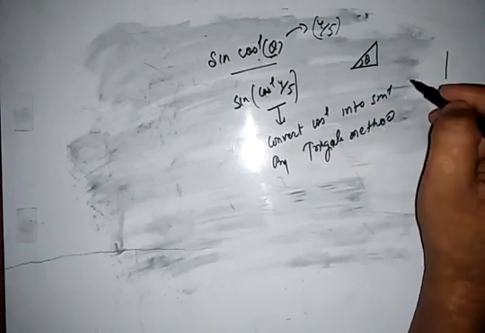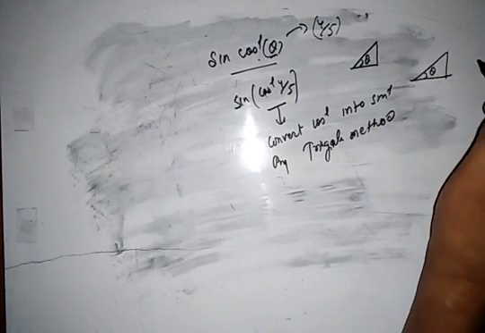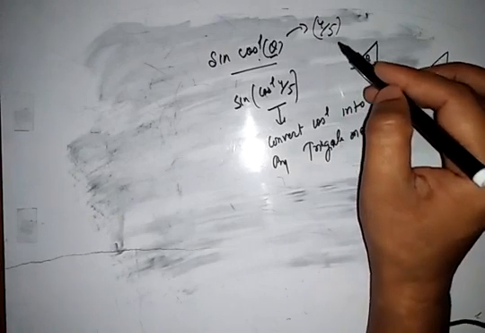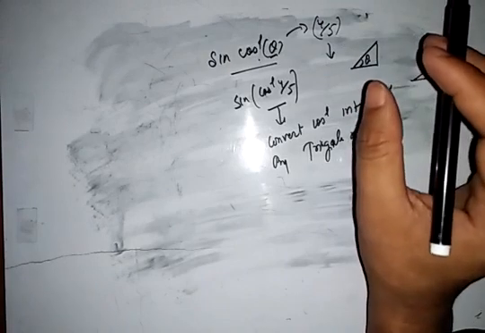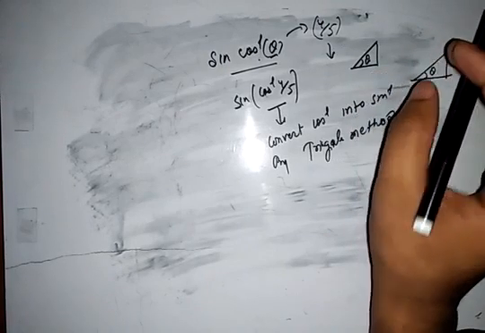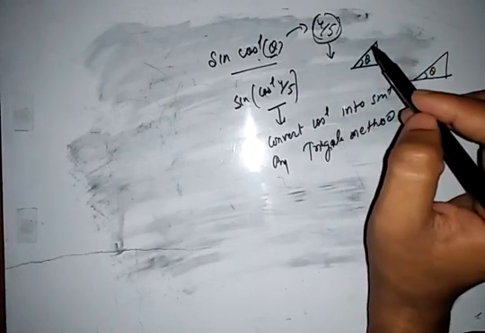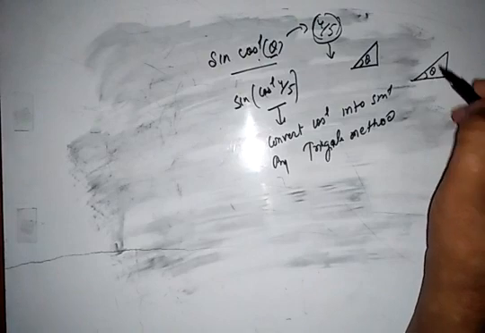Take the angle as any value theta. Assume cos theta, sine theta, tan theta. Suppose here cos theta is 4 by 5. We know that the value of cos theta is nothing but b by h.